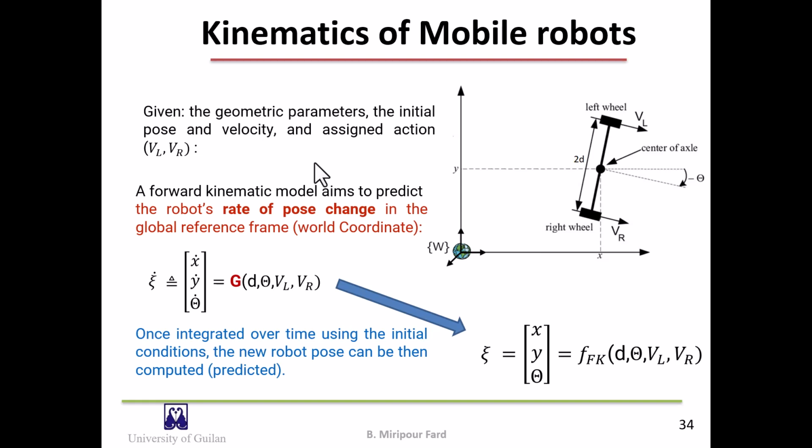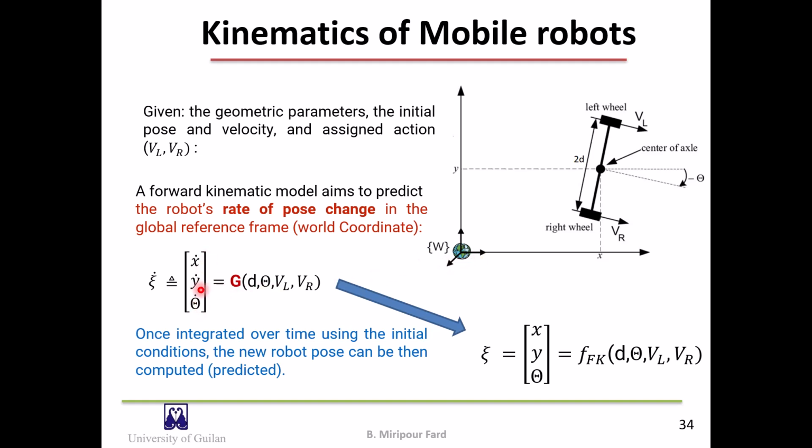Given the geometric parameters, the initial pose and velocity and assigned action, VL and VR, a forward kinematic model aims to predict the robot's rate of pose change in the global reference frame or world coordinate. You can see the world coordinate here. So first, we obtain a relation between the actions and the rate of pose change in global reference frame.